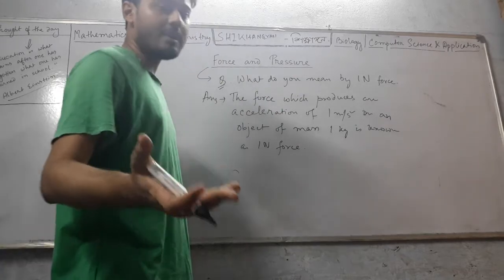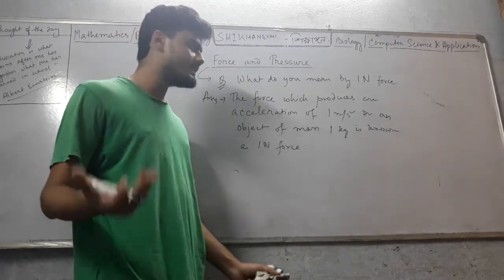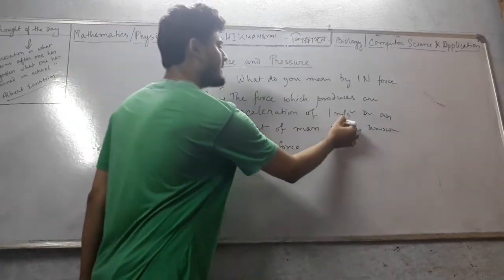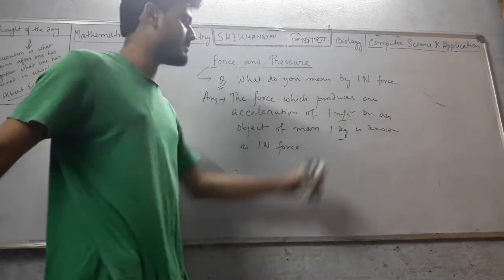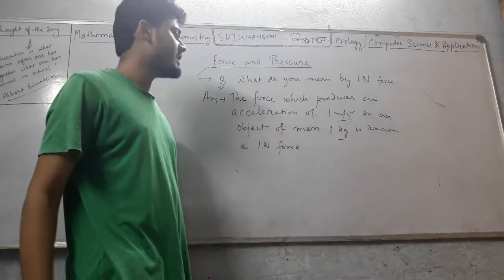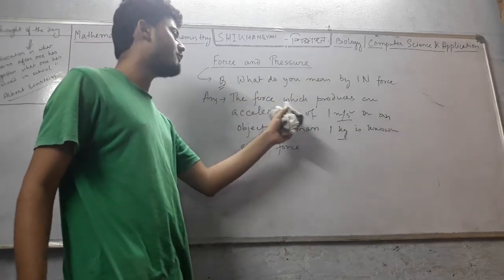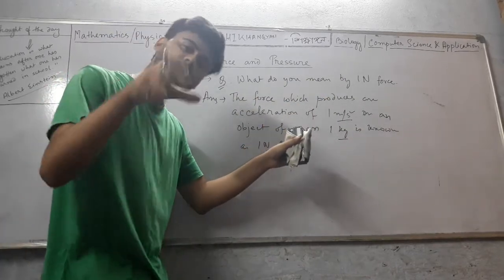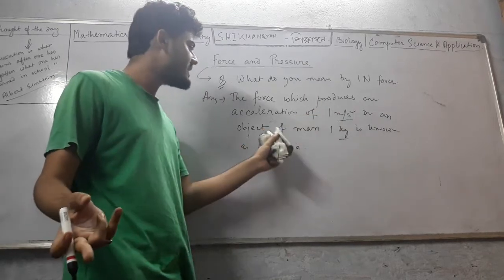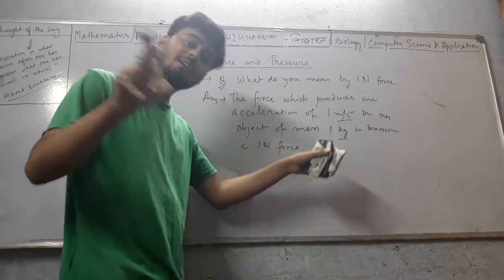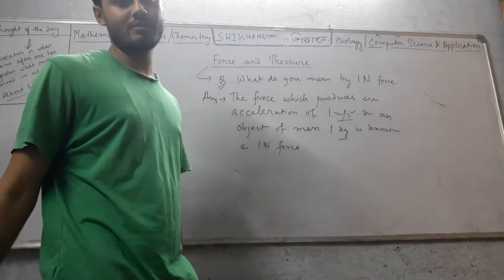Okay, so if anyone asks you what is 1 dyne force, you can easily say, just replace CGS in place of these SI units. You can say the force which produces an acceleration of 1 centimeter per second square on an object of mass 1 gram is known as 1 dyne force. Simple.